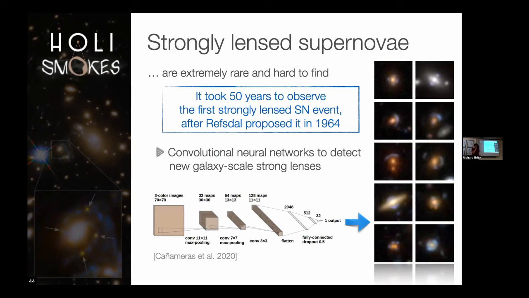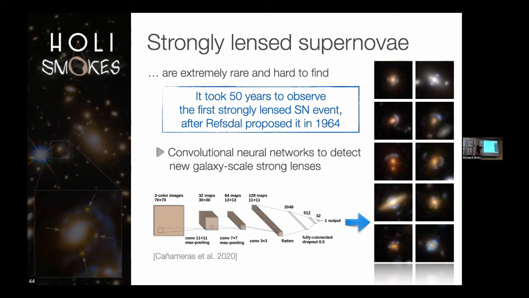What we want to do instead is we don't want to wait for chance detections in Hubble Space Telescope images. What we want to do is search for lensed supernovae in a systematic way. And we want to do it by searching for transients that happen in known lenses.